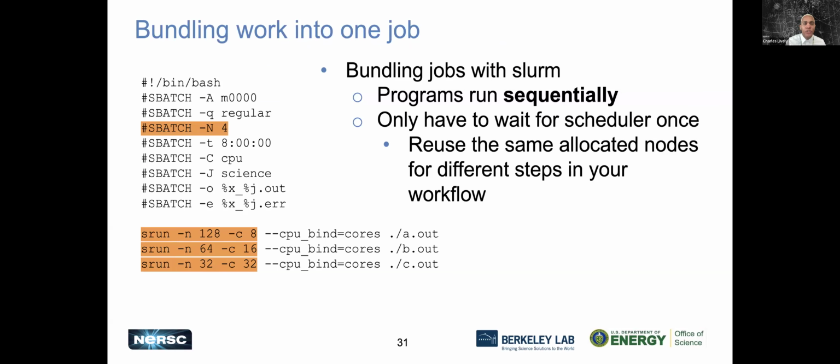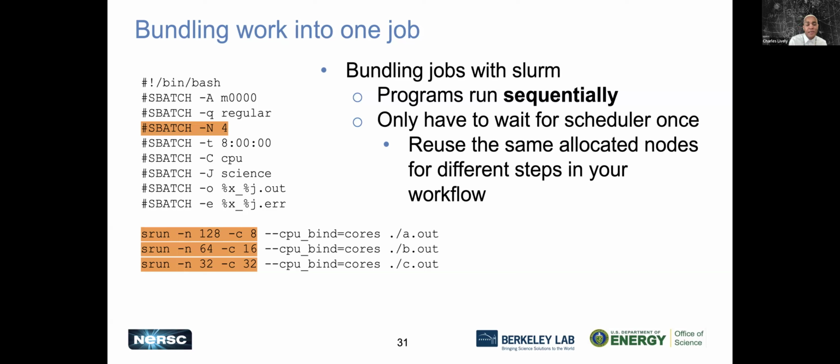You can bundle your jobs, bundling work into one job. Basically, when you bundle, you're maxing out the total of those different jobs and submitting it in one batch script versus doing different scripts and waiting for results. When you bundle jobs sequentially, they'll run sequentially, and you only have to wait for the scheduler once. They'll reuse the same allocated nodes for the different steps of your workflow.